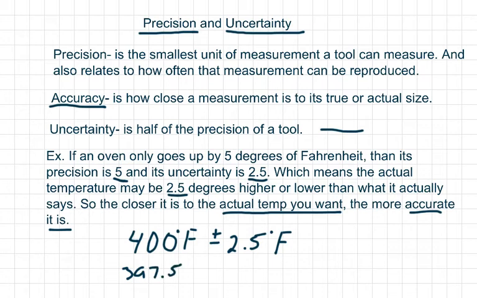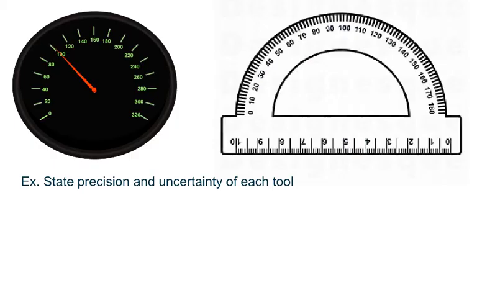You might be cooking your cake a little too much or too little. All the way up, it could be 402.5 degrees. Right? And there's lots of things where a recipe will say, depending on how hot your oven or how cold your oven runs, it depends on the time. That's why lots of recipes will say it fluctuates, 10 to 12 minutes or 15 to 20 minutes, that kind of thing. Let's go on to another example.